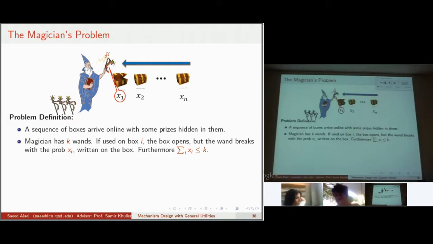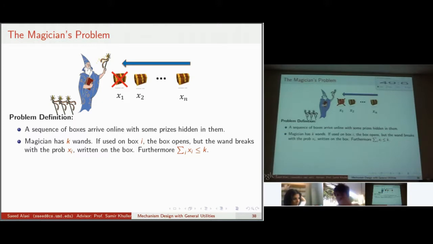It's given that the sum of the x_i is less than or equal to the total number of wands. So if he tries to open all of the boxes, in expectation he should have enough wands. But if he does that, the probability of having a wand when he gets to the last box could be arbitrarily close to 0. Alternatively, he could skip the box.